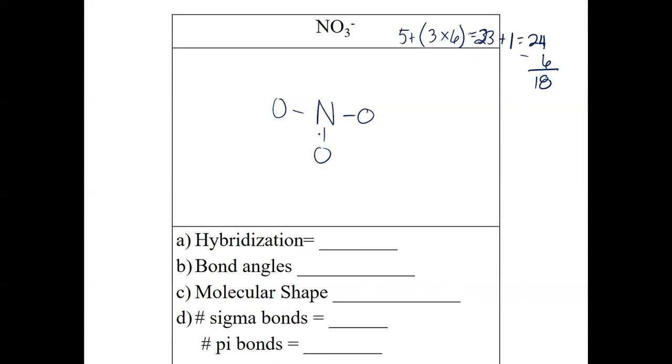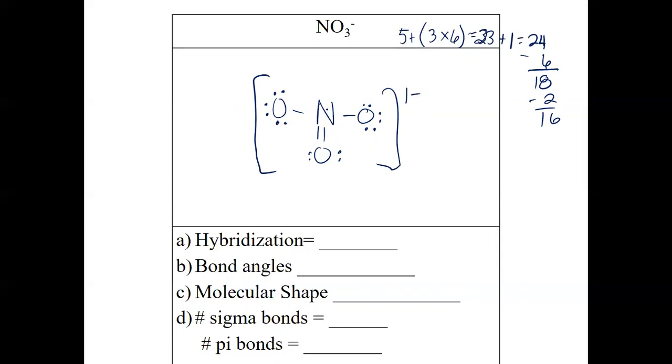So you're short 2. So you're going to need to double bond one of these. Subtract 2 leaves you with 16. And so then you're going to have enough, and you're going to be able to put the dots on your Lewis structure. Remember, since this has a charge on it, you need to put it in brackets and put the charge on it.